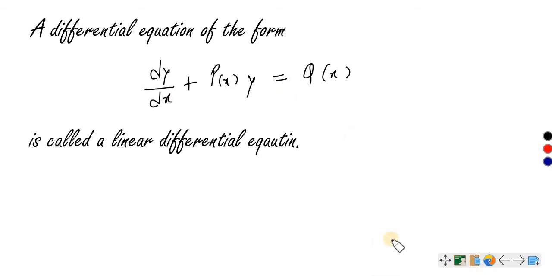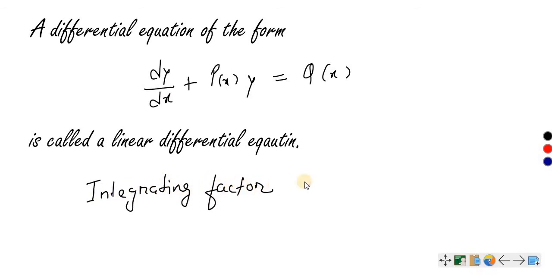Here, at first we have to find the integrating factor. So at first in the solution part you will be finding what? Integrating factor. So what is the integrating factor?